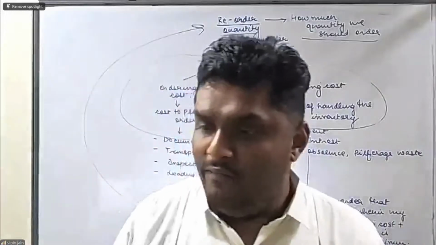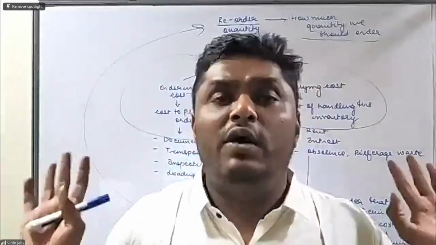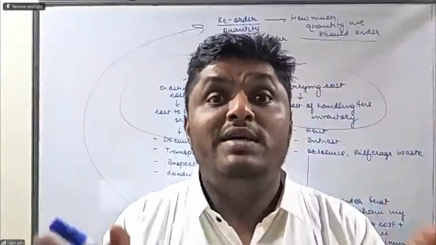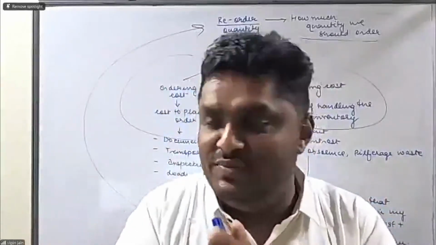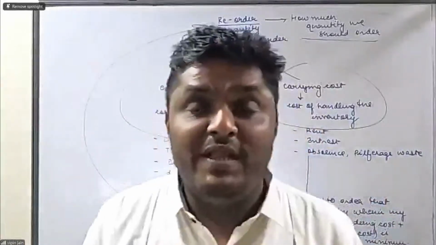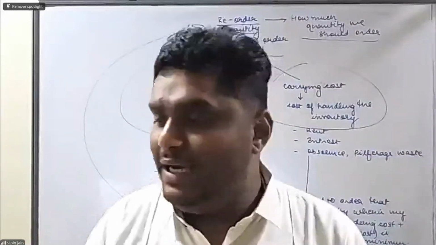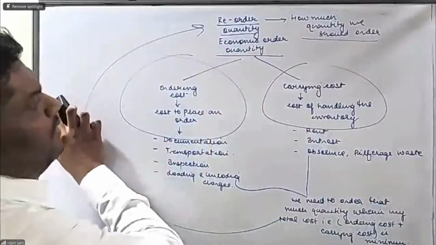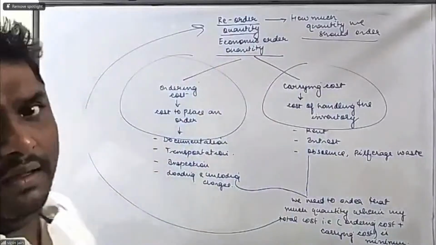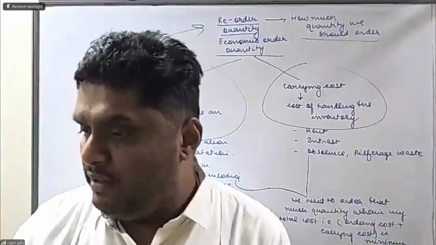So now we are thorough with what is reorder quantity. Now the point is how to calculate this quantity where my ordering cost and carrying cost is minimum. So let's start with the practical exercise of how to calculate. I hope everyone of you has copied everything.